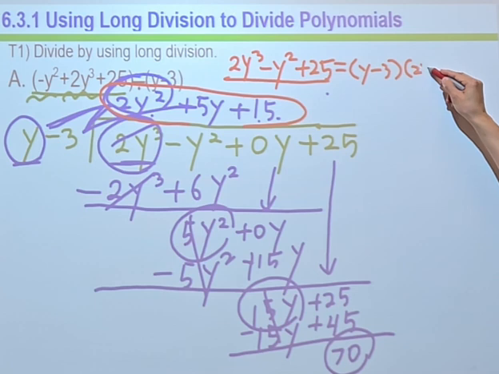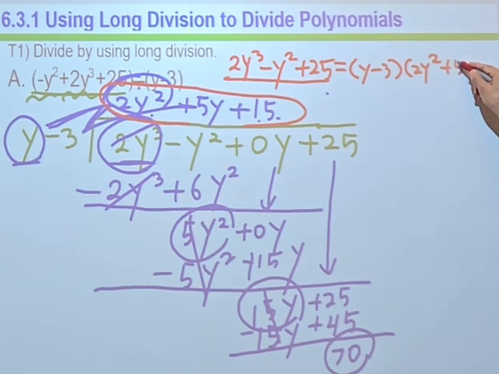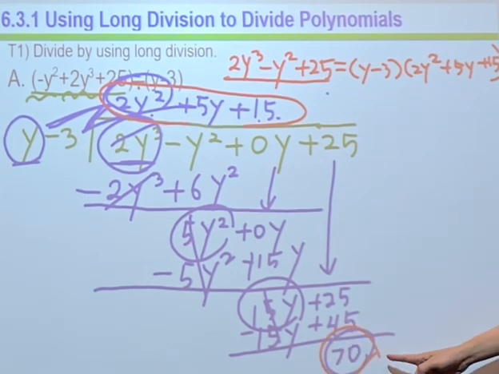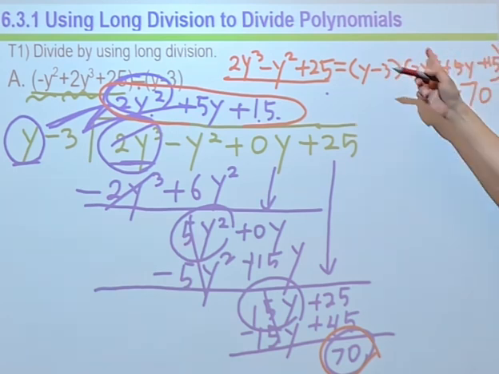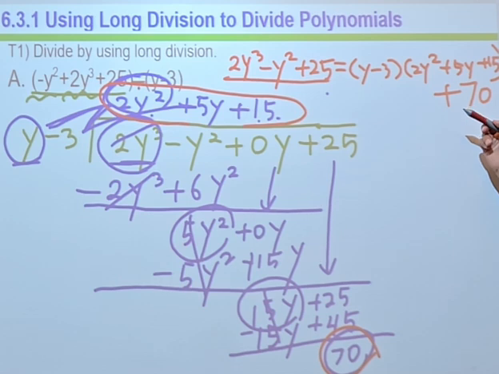So 2y squared plus 5y plus 15. And close the parenthesis. And remainder plus 70. Remainder you need to add 70. Okay? If you do it that way, this one you FOIL, okay? And then you add 70, that should be this. You can check it that way, whether you got the right answer or not.